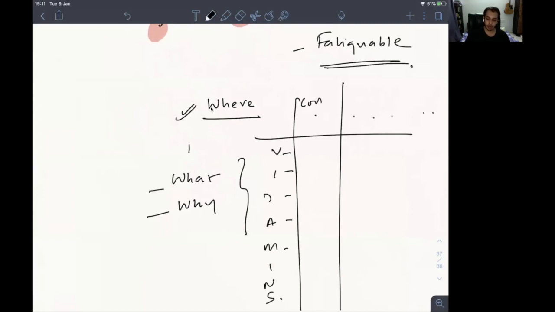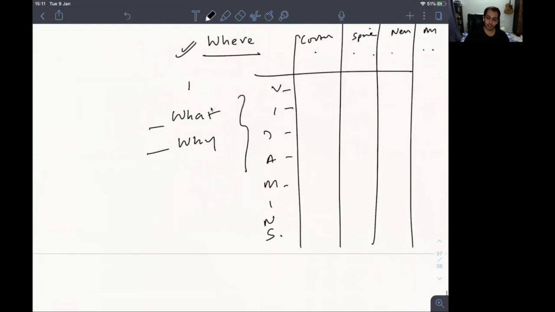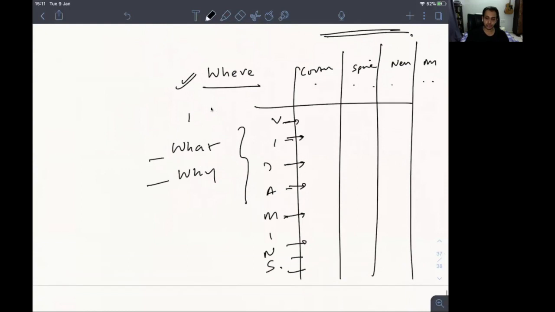So right from your cortex all the way to spine, nerve, muscle, in each site of the lesion, under each possible etiology, there will be a list of differential diagnosis. So this is how you approach. Once you know the site of the lesion, then it is easier to go to what and why is the lesion. Otherwise, the list of differential diagnosis will be too much.